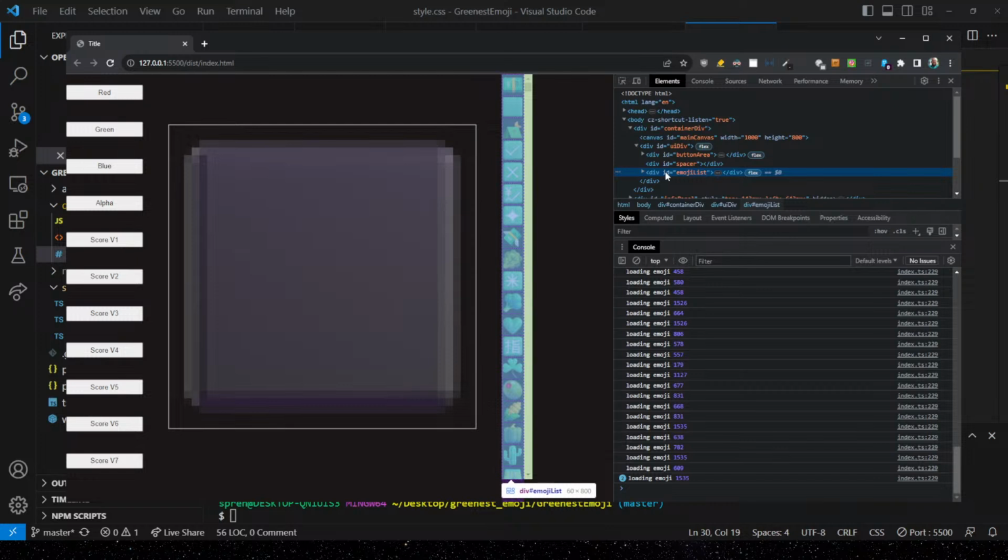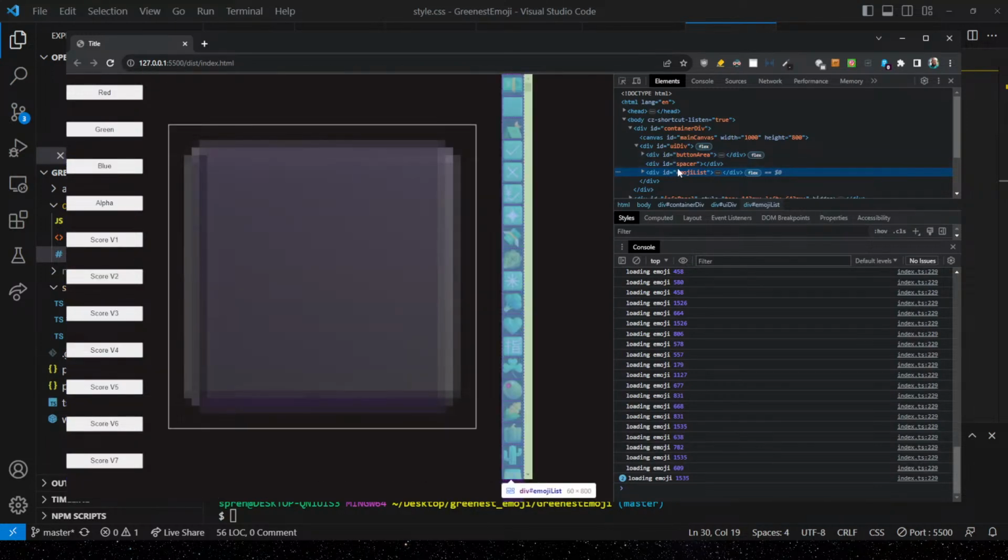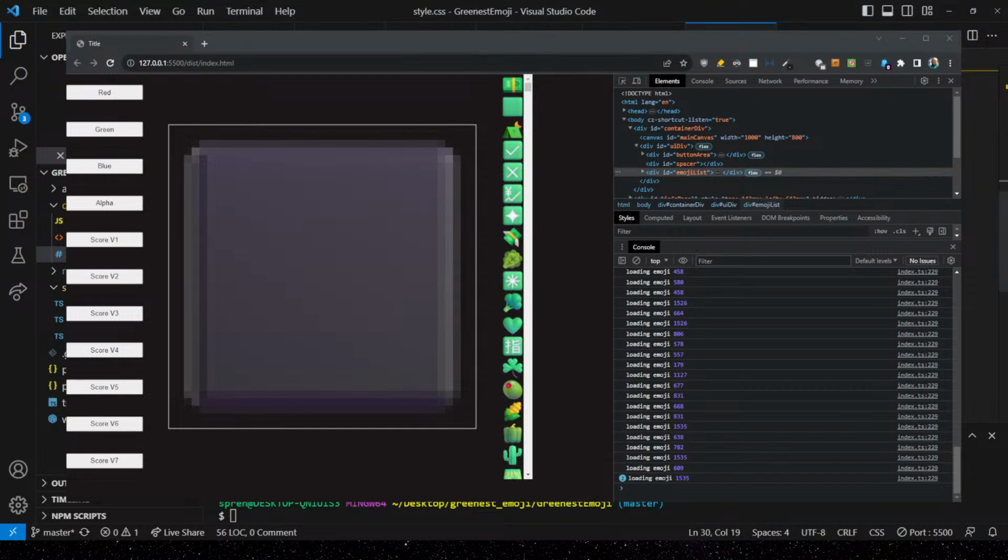Okay. 150, so this is 850 plus 60 is 910. So we have 90 pixels that we could use. Yeah, so what I'd like to do with those 90 pixels is put some more buttons.